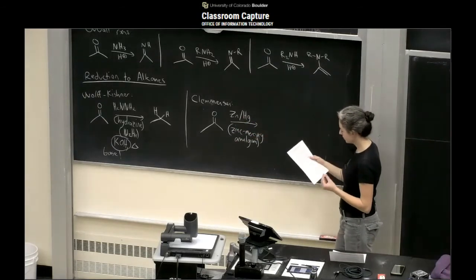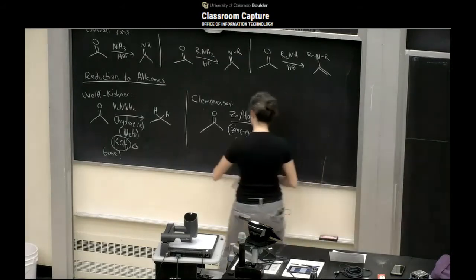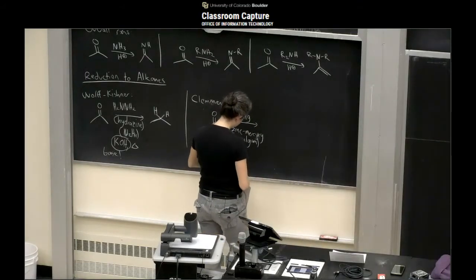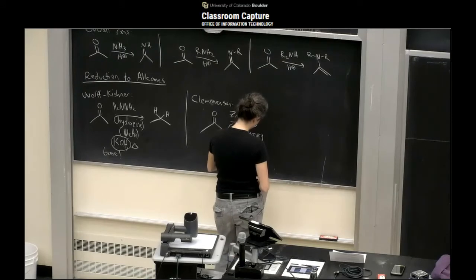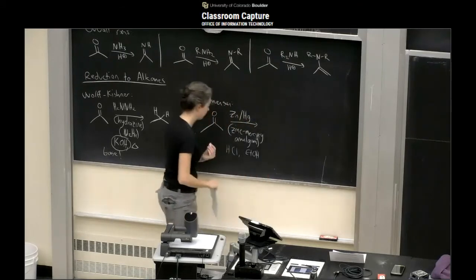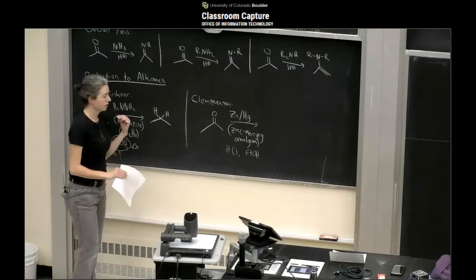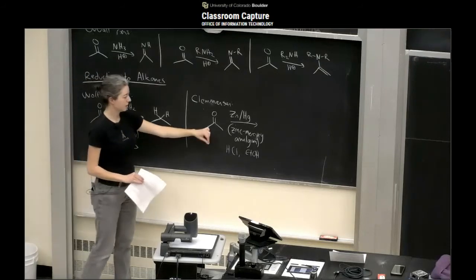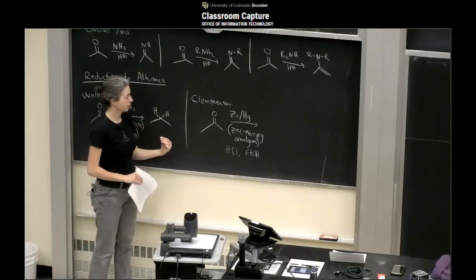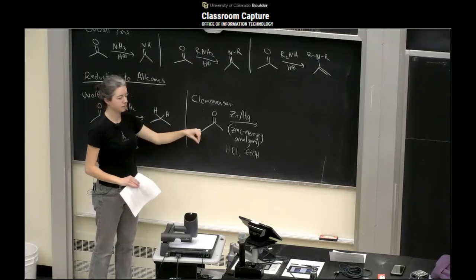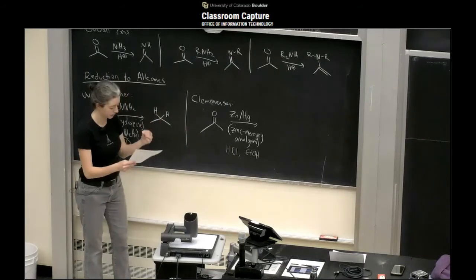And then you also use HCl and EtOH. Okay, so again, we're not going to get too much into the mechanism for this. I think it involves some fundamental transition metal steps that we're not going to look at.